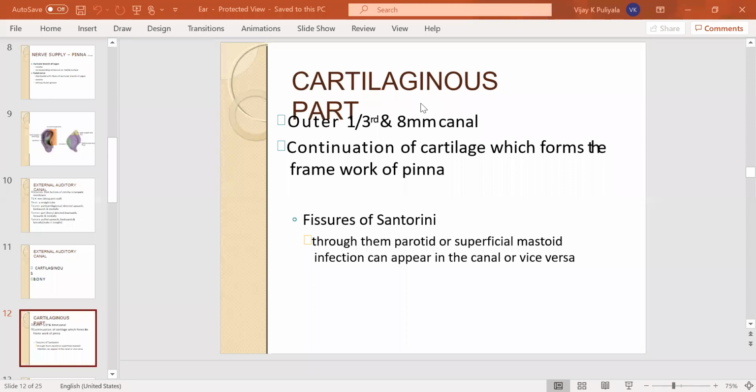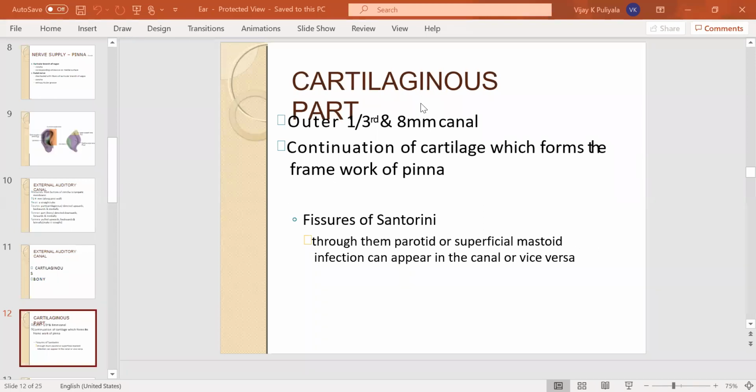In the upper and posterior part of the meatus of the cartilage, sometimes along the anterior wall of this cartilaginous part, we can see fissures. These fissures are called fissures of Santorini.